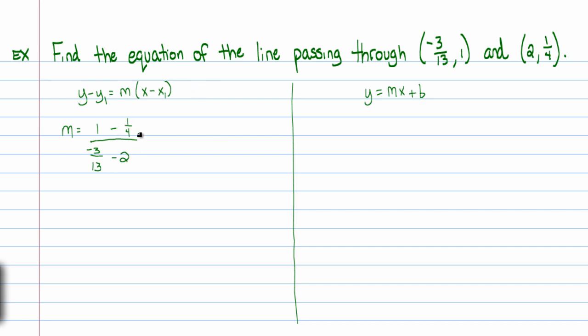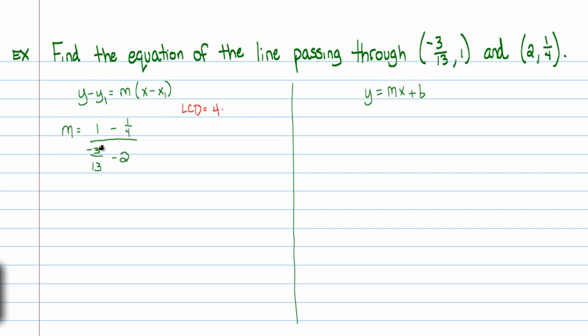Now let me tell you something here. I'm trying to simplify this number, and when I have fractions within fractions, whenever you see a fraction, you almost always think LCD, LCD, LCD. When I look at this complex fraction, I see I have a numerator that has a fraction with a 4 in the denominator.